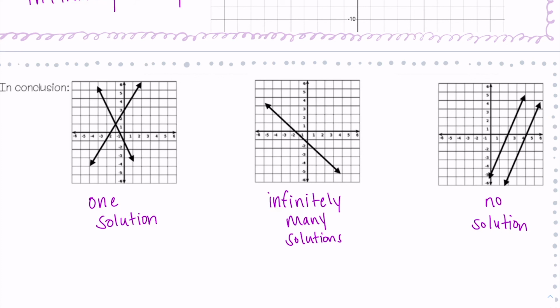When it's one solution, that means it has different slopes. Infinitely many solutions means it has the same slope, same y-intercept. No solution means same slope, different y-intercept. And how do you solve systems graphically? Put them into slope-intercept form, graph, and look for the intersection point.